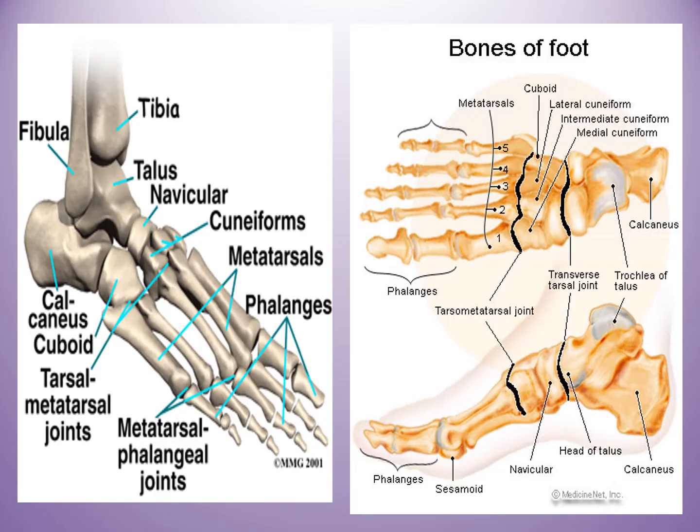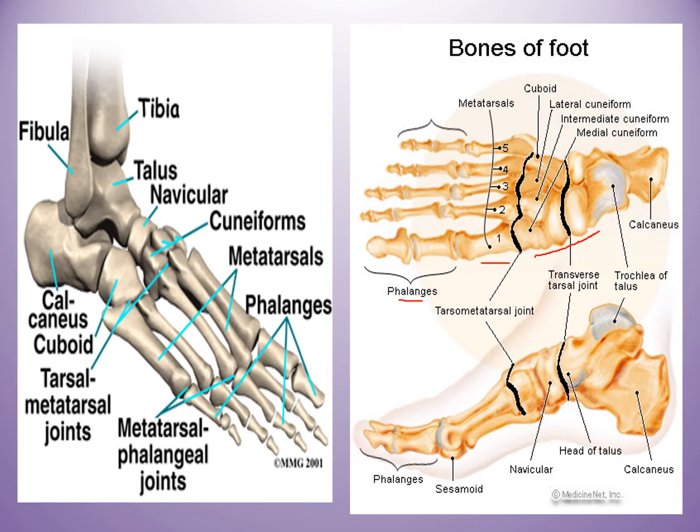So this is the image showing the anatomy of the bones, the composition of the bones. Okay, kat mana metatarsals, phalanges ni, this is phalanges, metatarsals, as well as the tarsals here.